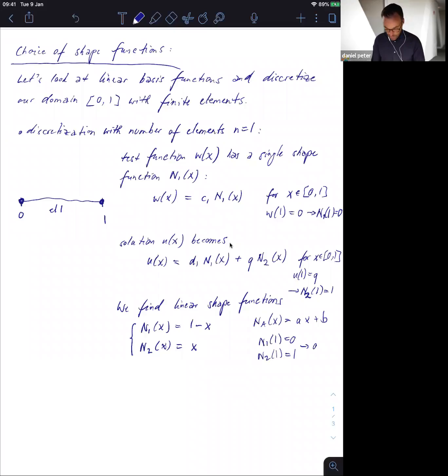So what are these a and b factors? If a equals minus 1, then b equals 1. Right. Oh, I forgot that we assume that it's the linear function. Okay, so that's how you find these shape functions.